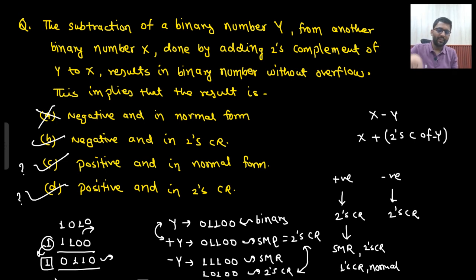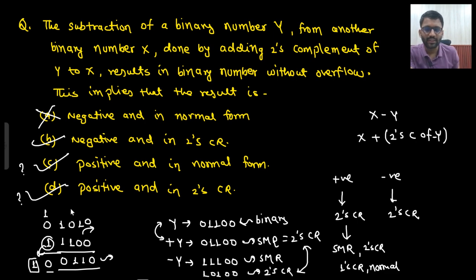So if a carry is generated, then the answer would be positive, and this answer would be in normal form or in 2's complement form. So both C and D could be correct. But wait a second, this carry will go here actually. In our actual calculation, this will be 0 and this carry will go here, and here a carry can be generated. So a carry is anyway generated. So certainly C or D both could be correct.